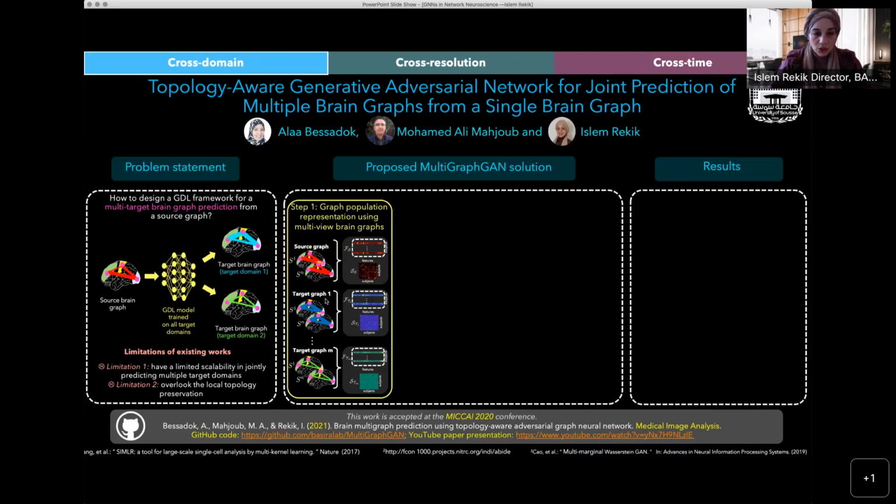For each population here, these are of course the same subjects, okay? So we construct what we call a feature matrix. For each node, we extract a feature vector that depends on its connectivity. So we have all these subjects represented by features.